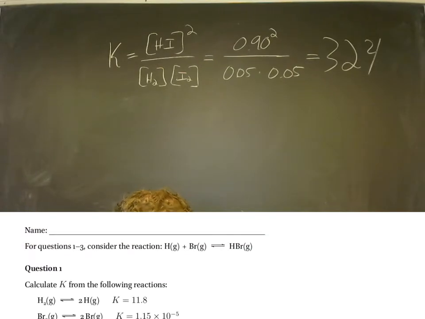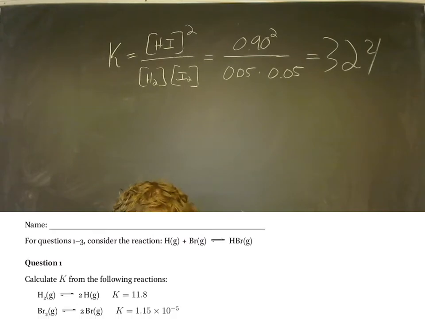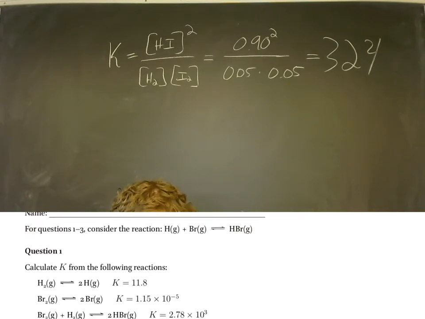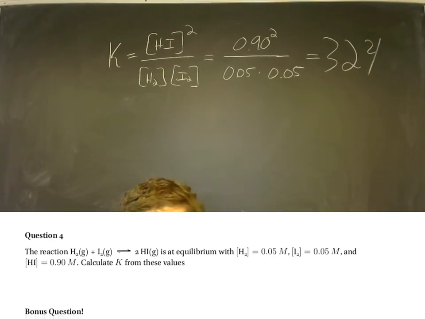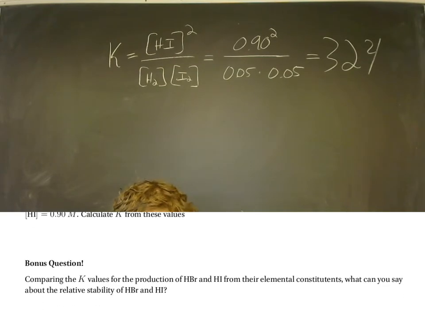Our reaction of interest was formed from atoms, which are not the elemental forms of hydrogen and bromine. So 2,780 is the equilibrium constant for the formation of HBr, and in question 4 we solved 324 as the equilibrium constant for the formation of HI.